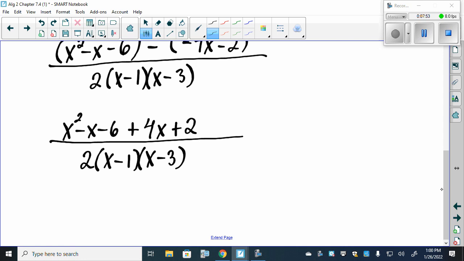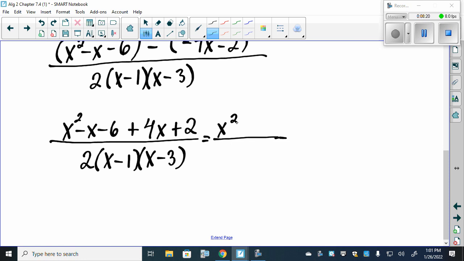Any questions on any of this here so far? Well, the next thing we need to do is just combine our like terms and then see if we need to simplify it all. So, if we look at this here, our like terms that we have on top, x squared does not have any like terms. There's no other variable with an x squared.